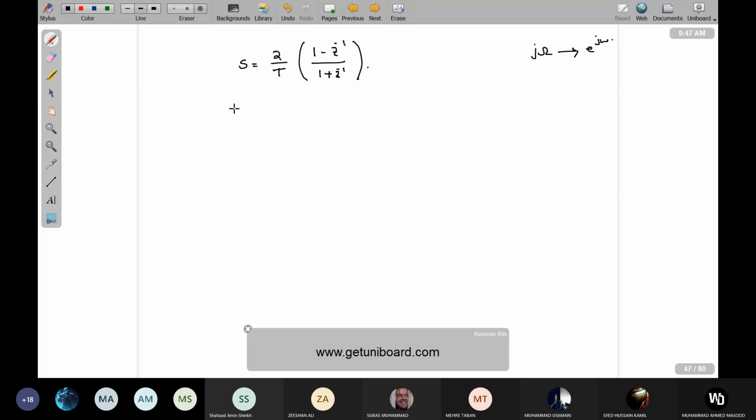And now what's the value of Z? I can replace Z with exponential j omega because Z is equal to r exponential j omega. r is equal to 1 होता है because we are concerned with exponential j omega circle.